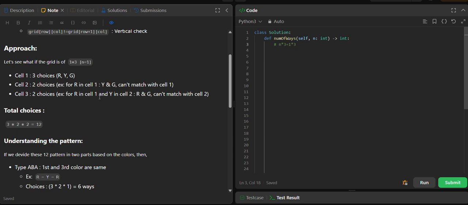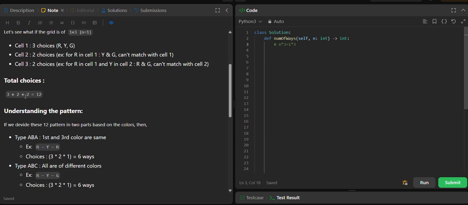It can't match with cell 1, right? Similarly, for cell 3, we also have 2 choices. If we have painted cell 1 as red and cell 2 as yellow, then we have the choices red and green for cell 3. That means we have total choices as 3 into 2 into 2, that is 12.